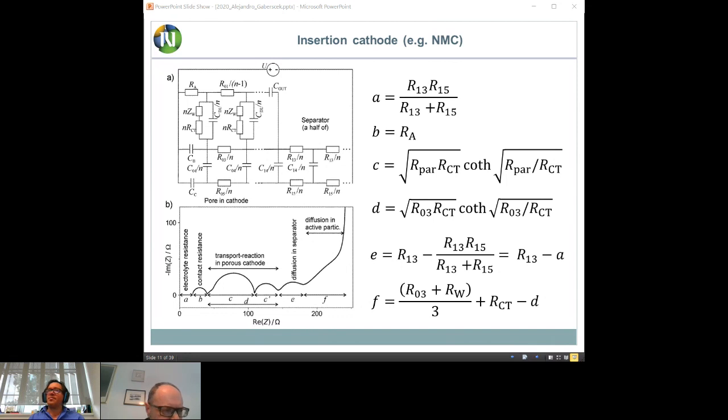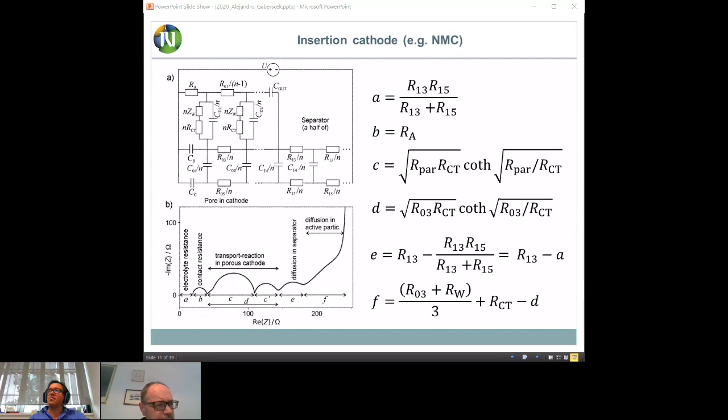So maybe I forgot to say, but it's very important. The important part here is not the modeling itself. I think modeling is very important, but as we saw before, even more important is to make a lot of dedicated experiments, where you vary in a controlled way various parameters like electrode thickness, separator number or thickness, electrolyte concentration, which I already showed, temperature if you can.